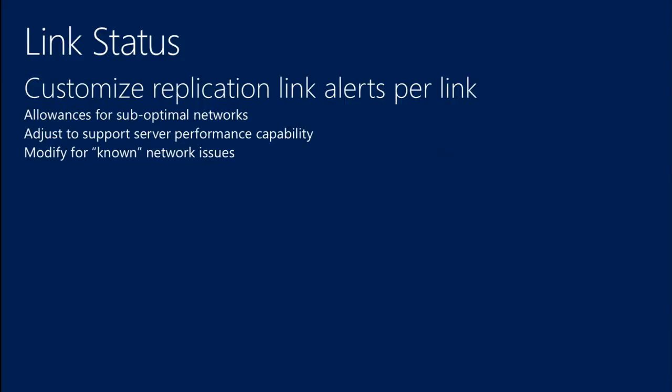The other is that you can now customize your link status. We've gotten a lot of feedback in the past where people have said, as soon as I set up my system, as soon as I did anything in there, suddenly my link status was degraded. There have been some explanations out there, some TechEd articles, some blogs, where the definition of what degraded means has been explained. It doesn't mean that things are necessarily broken. It just means that things are slow.